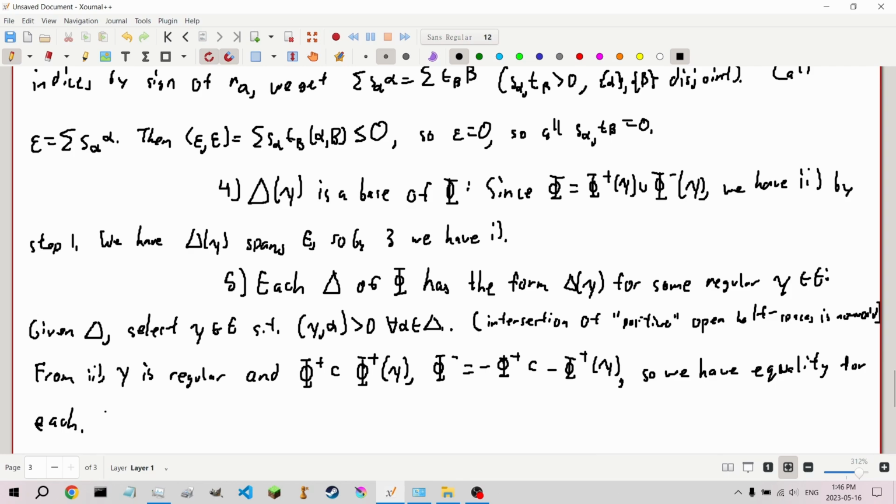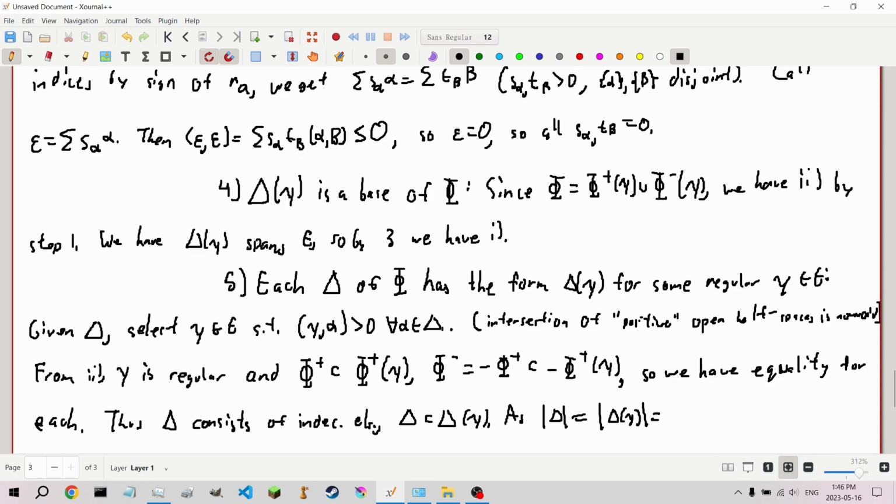Thus, delta consists of indecomposable elements. So delta lies within delta of gamma, and as the cardinality of delta is equal to the cardinality of delta of gamma, which equals l, delta equals delta of gamma, and we are done.